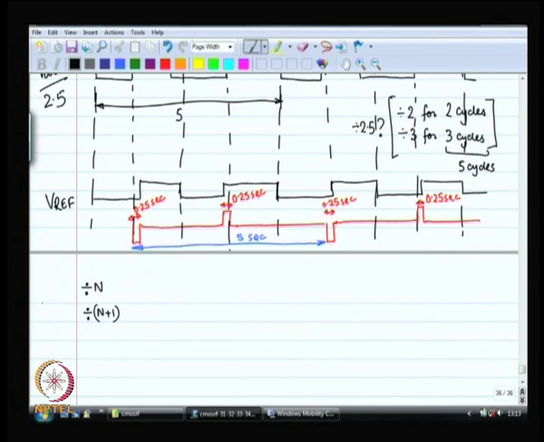Let us call them k cycles and m cycles. So, for k cycles I am going to divide by capital N, for m subsequent cycles I am going to divide by capital N plus 1. It is feasible to do this with digital circuits, right. So, let us say the output has a period of P out.